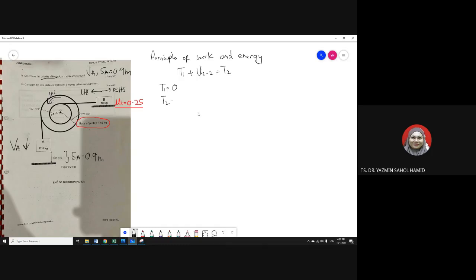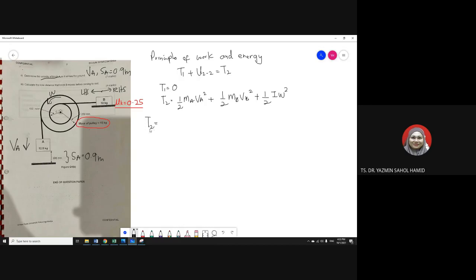So it means that for our kinetic energy, the formula will be 1/2 ma va squared plus 1/2 mb vb squared. And then one more is the rotation, 1/2 I omega squared. Okay, so this is the formula for kinetic energy.